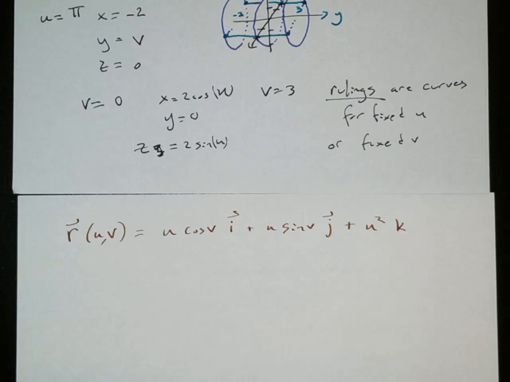If I fix a u value, what do I get? If I pick 0, I get nothing. I get a dot, right? X equals 0, y equals 0, z equals 0. It's a single point. So pick a positive value. What do you get?